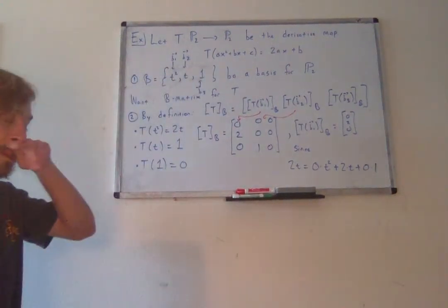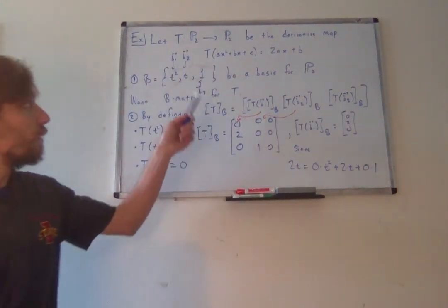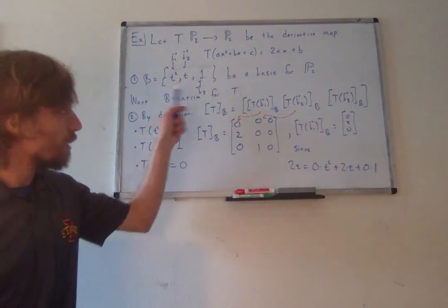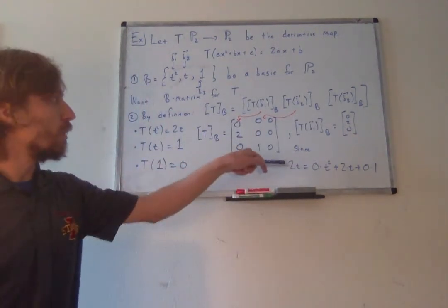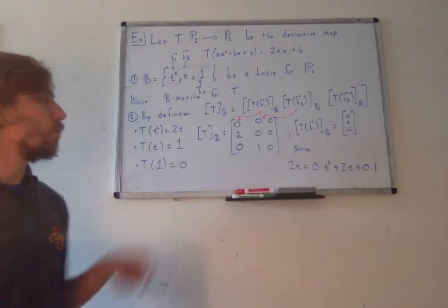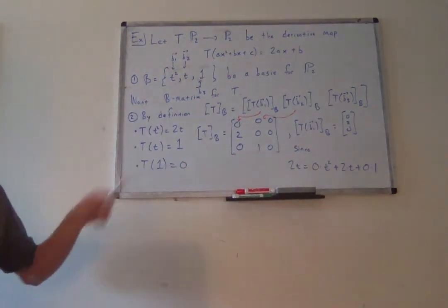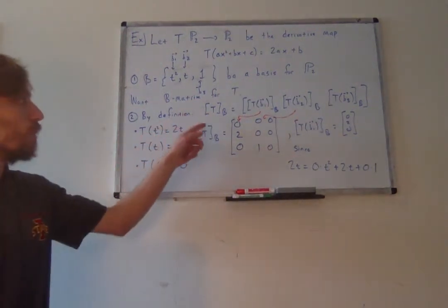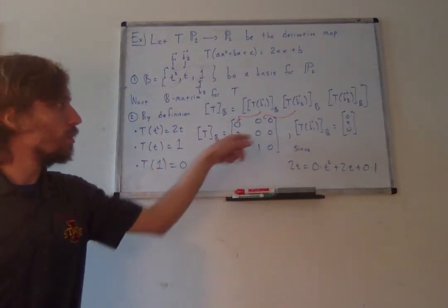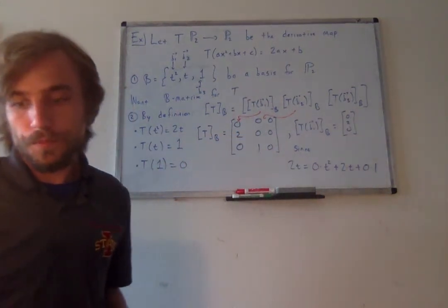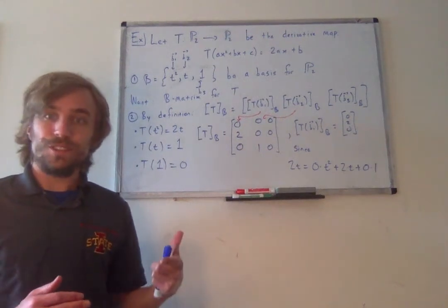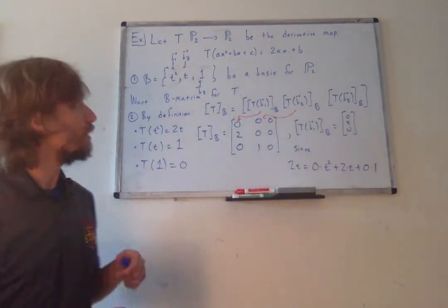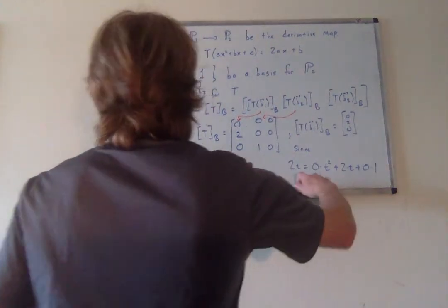Basically what we've done is we've taken the three basis vectors, represented this polynomial 2t as a linear combination of them, and then encoded the coordinates as vectors. And so this would be the B matrix for T: 0, 0, 0, 2, 0, 0, 0, 1, 0. So what we can do with this is now calculate derivatives using matrix multiplication. And I'll show you how to do that.